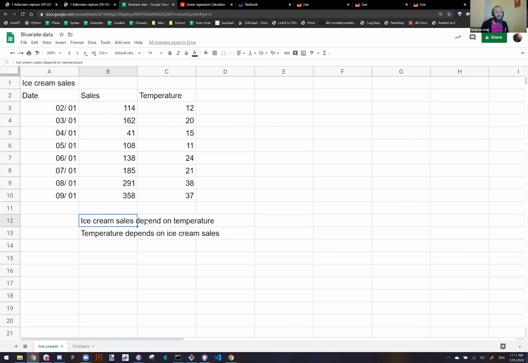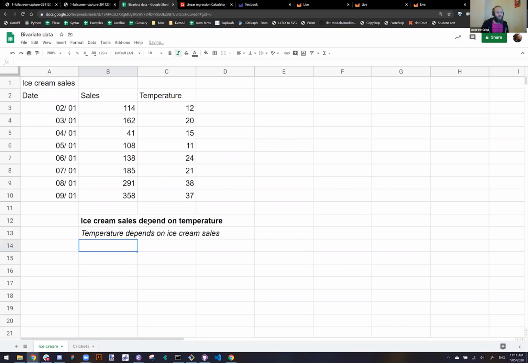And that's because the temperature isn't going to change if people buy more ice cream. Instead, people might buy more ice cream if the temperature changes. So because the ice cream sales are depending on the temperature, this is the good one.